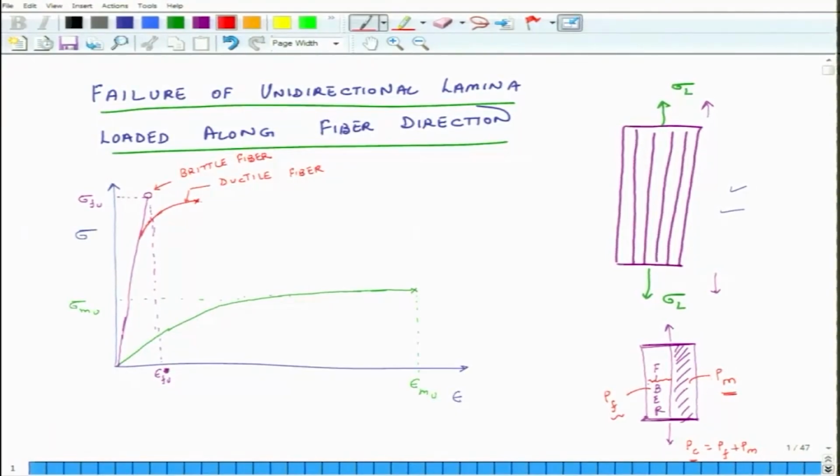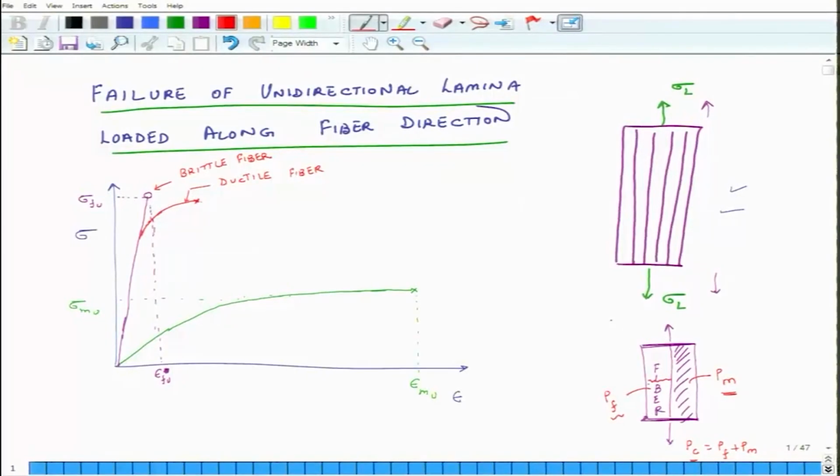If the cross sectional area of the matrix is very large and the cross sectional area of the fiber is very small, then the amount of Pf will be very small, right. Suppose I have only one single fiber in the composite, then the load carried by the fiber will be extremely small, negligible, and that load will get transferred to the matrix and the matrix will be able to bear it.